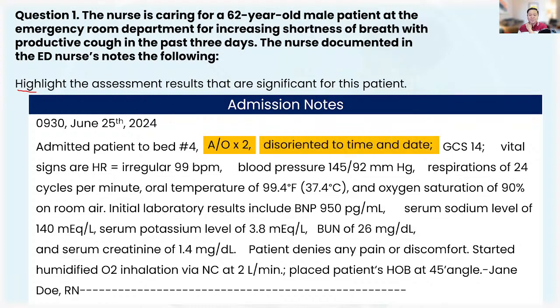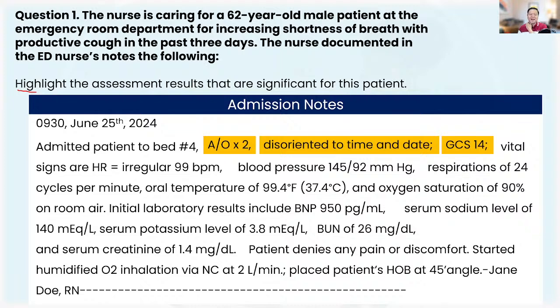That simply means that the patient is disoriented, confused, right? And we also have another abnormal assessment finding, which is GCS of 14. The perfect score is 15. So the GCS of 14 signifies that the patient is disoriented to the time and date. That is why GCS 14 is there.